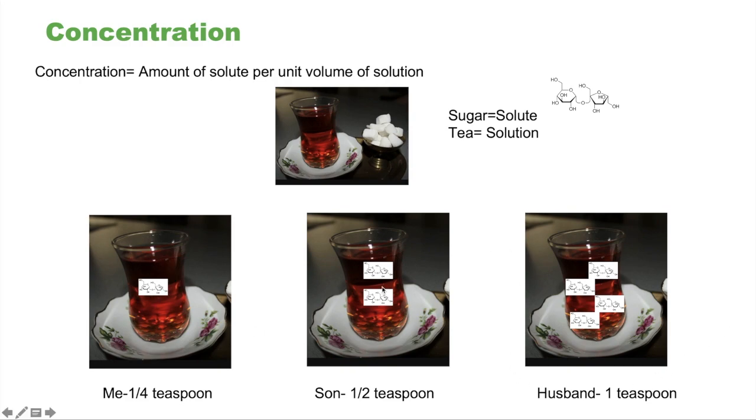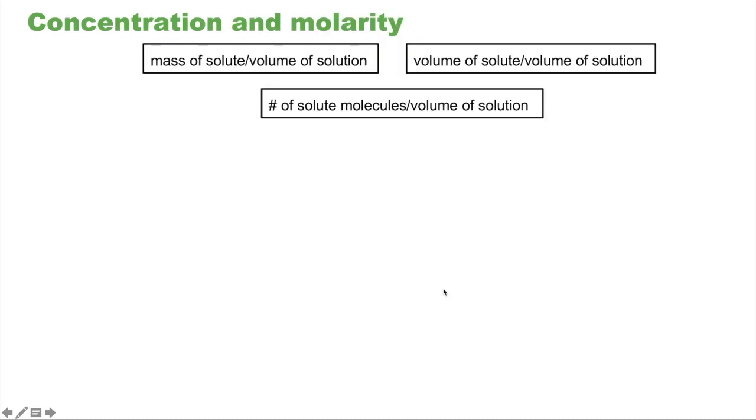We have the number of sucrose molecules in the solution. So for this discussion, we're going to talk about this definition of concentration: number of solute molecules per volume of solution. This is called molarity.